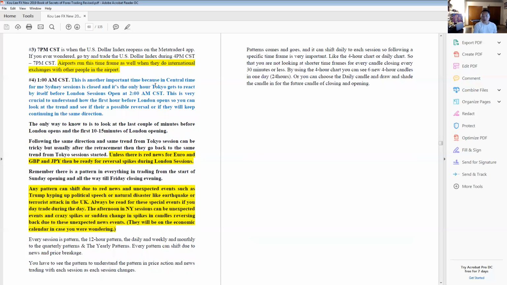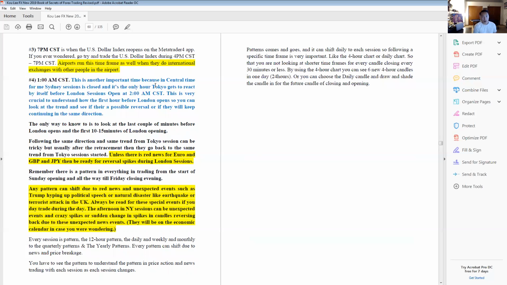And that's why you get to see these major shifts in the value of the currency. It could be the euro, the pound, USD JPY, USD CAD, USD Swiss franc, or Australia or New Zealand. So something to look into from there.